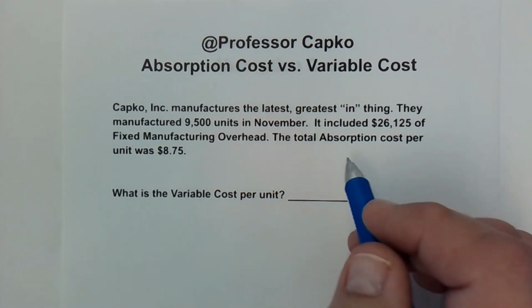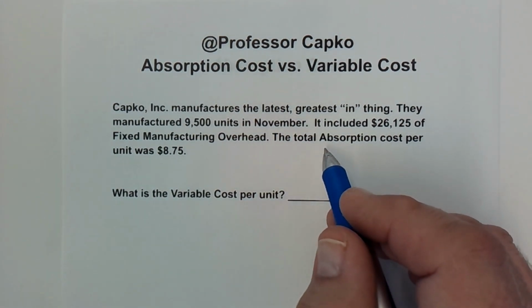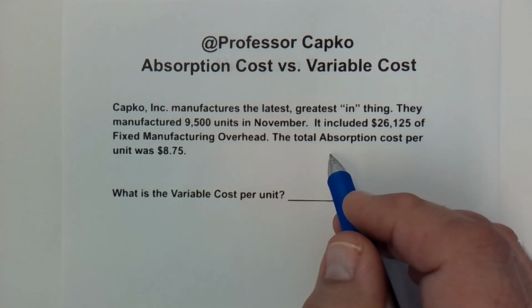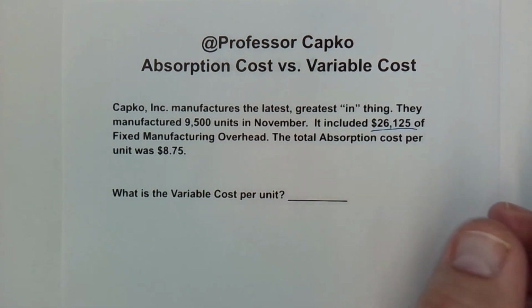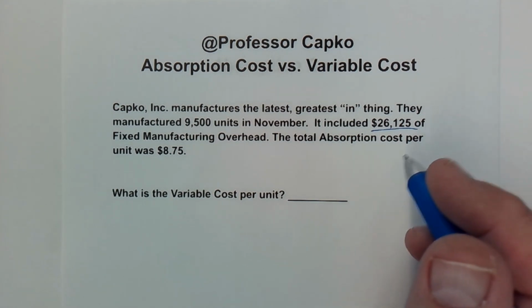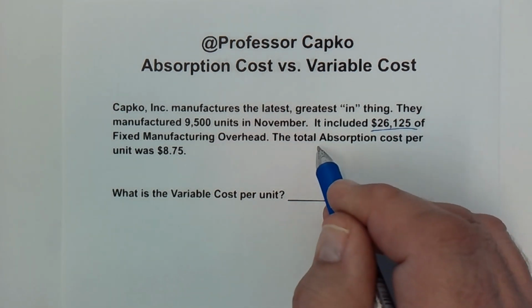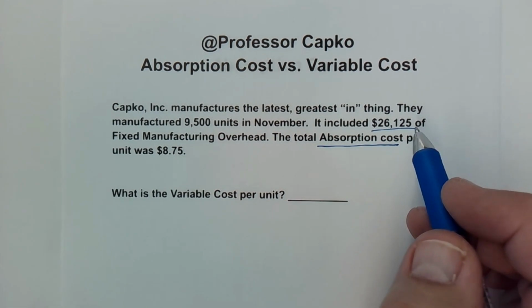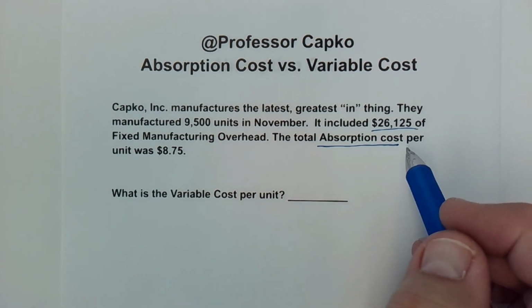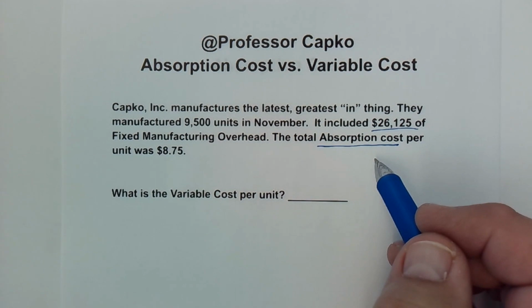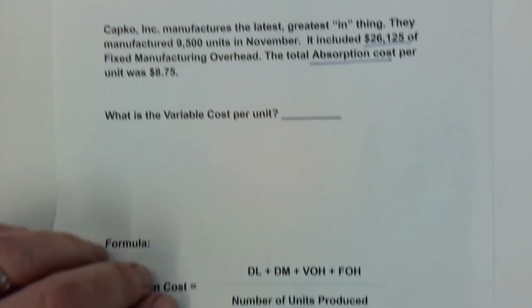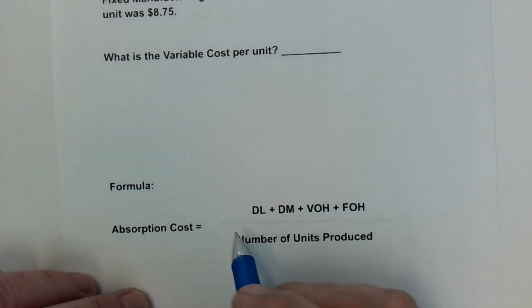Well, first we need to understand what the difference between absorption cost and variable cost is. The key difference between those is the inclusion or not of fixed manufacturing overhead. Absorption cost includes the fixed manufacturing overhead in the per unit cost. For example, here's the formula for it.